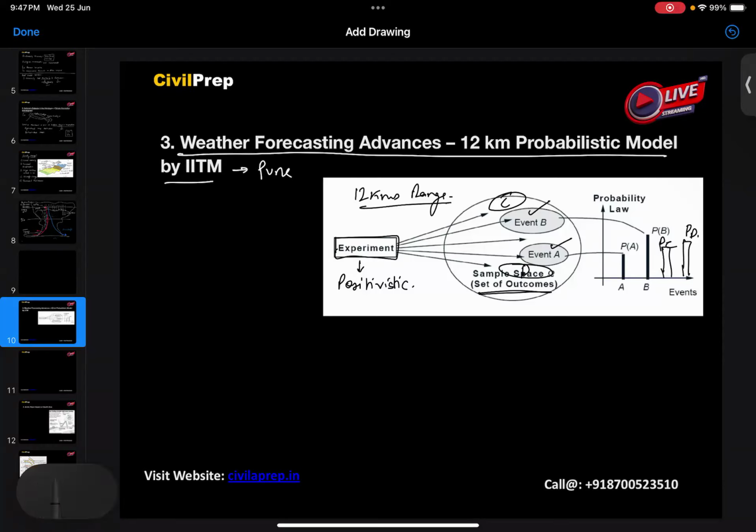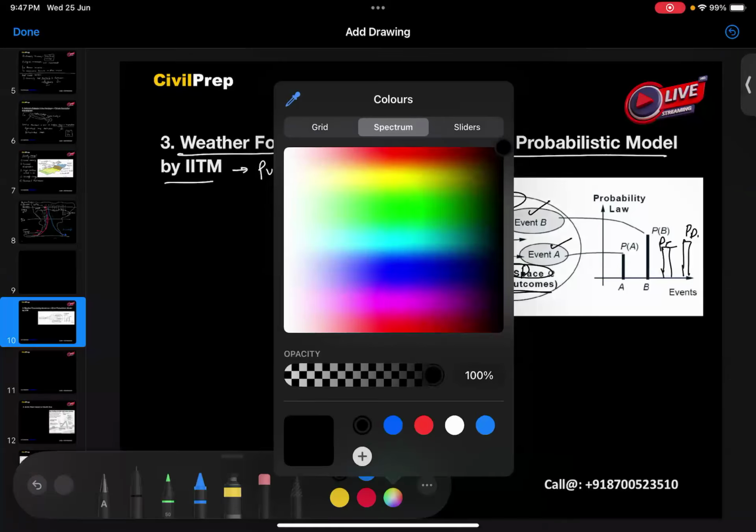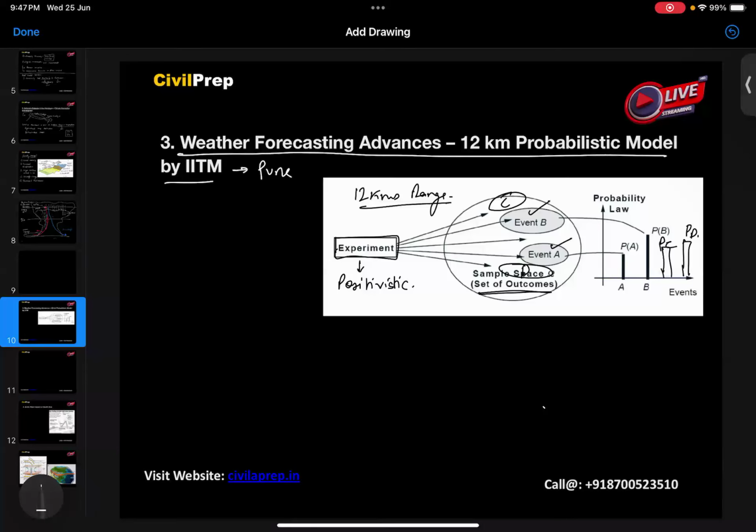So this was the area where this experiment was conducted, and they found something quite unique. What they did here was take real-time Doppler radar and use certain advanced algorithms, which were able to form a model.